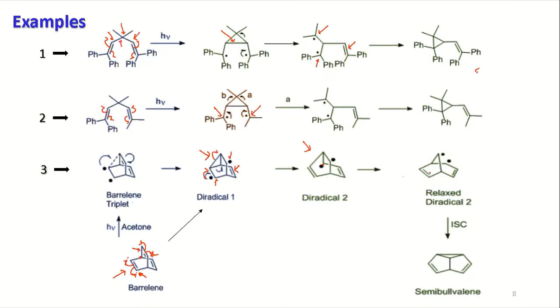Now what can happen? This structure is nothing but the same as this one. If you give the numbering, you'll understand. So if you look at it, this is 1, 2, 3, 4, 5.